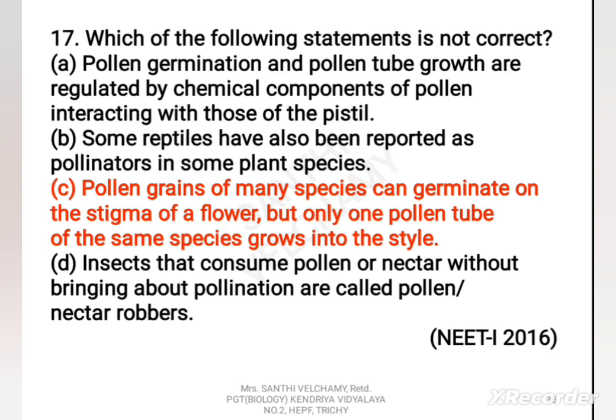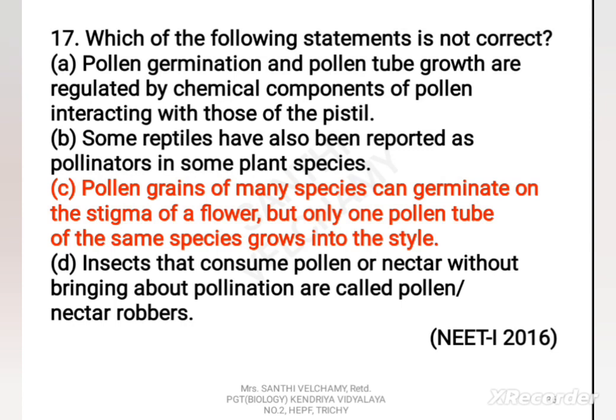Pollen-pistil interaction is the group of events that occur from the time of pollen deposition over the stigma to the time of pollen tube entry into the ovule. It is a safety measure to ensure that incompatible crossing does not occur. Pollen grains of a number of plants may settle over the stigma.